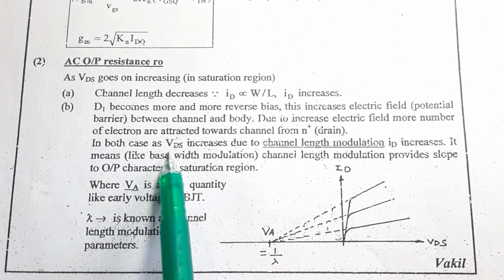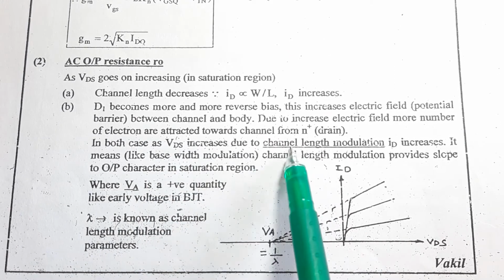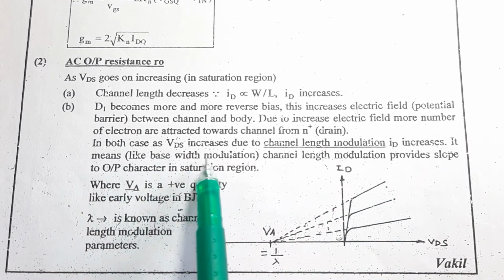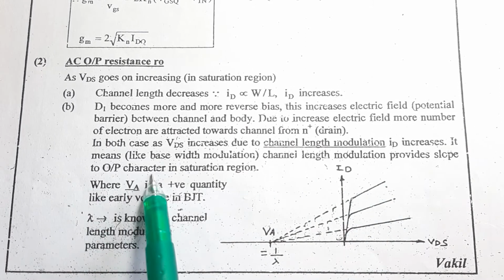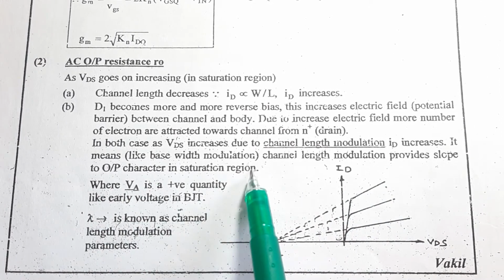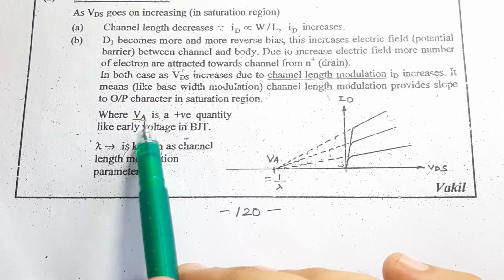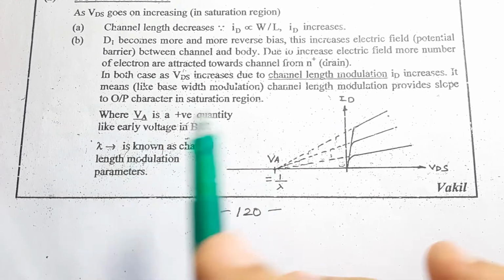In both cases, as VDS increases, due to channel length modulation, your ID increases. It means, like base width modulation, channel length modulation provides a slope to the output characteristic in the saturation region. Here VA is a positive entity, like the early voltage in a BJT.